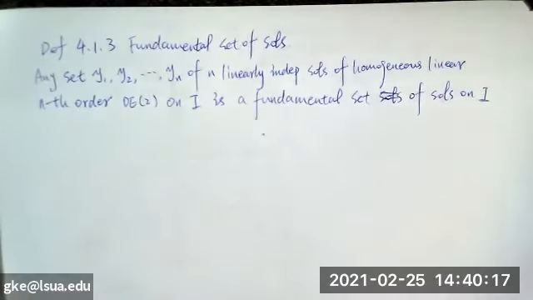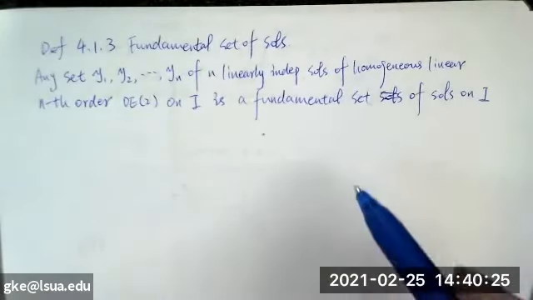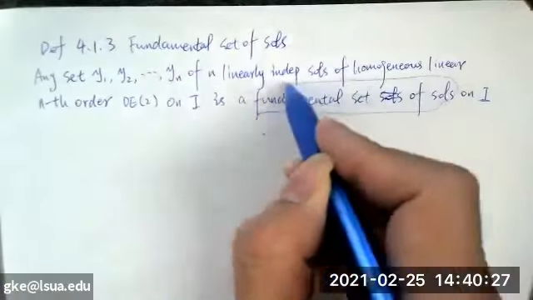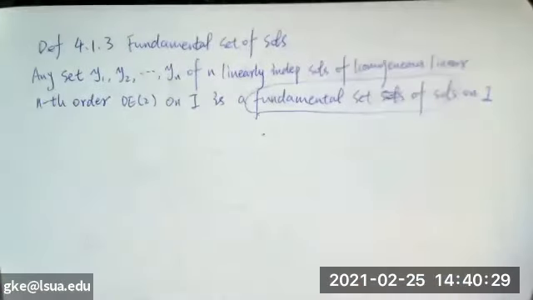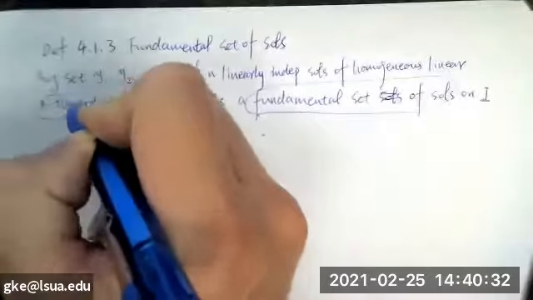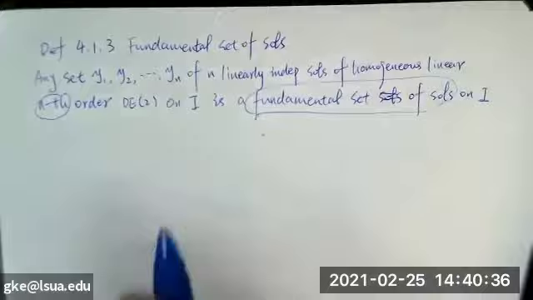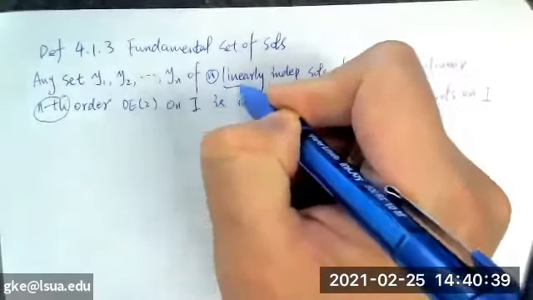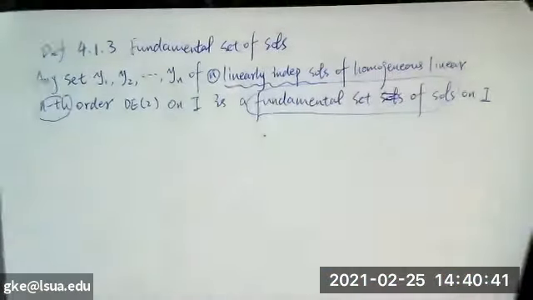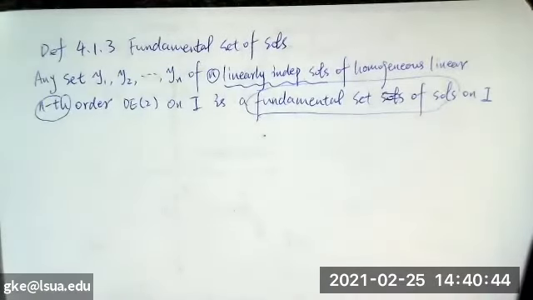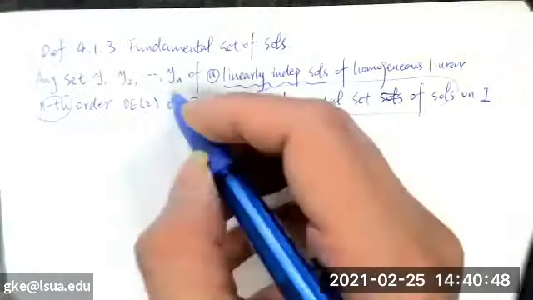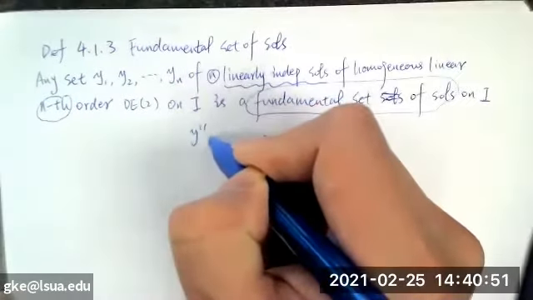So what's the meaning of fundamental set of solutions? That means if we have an nth order differential equation and we have n linearly independent solutions, then we call it a fundamental set of solutions.